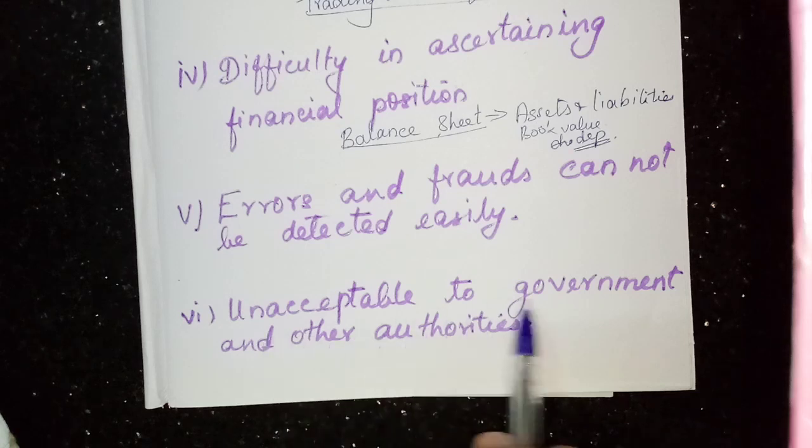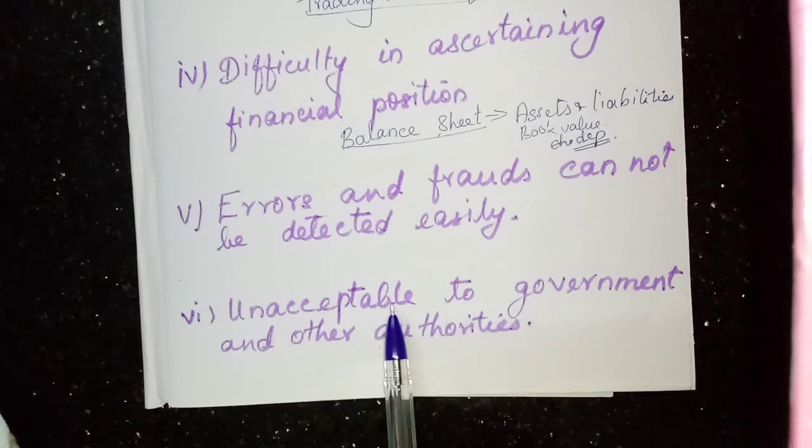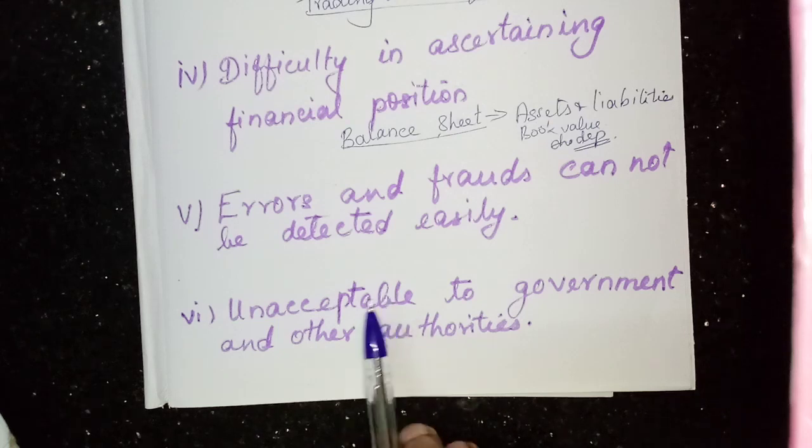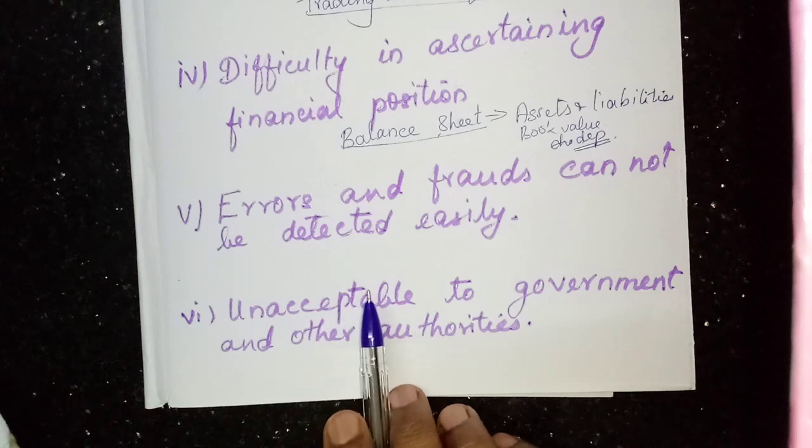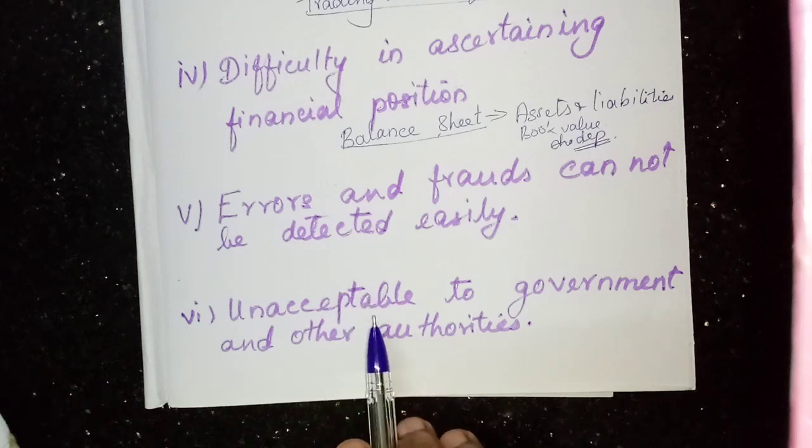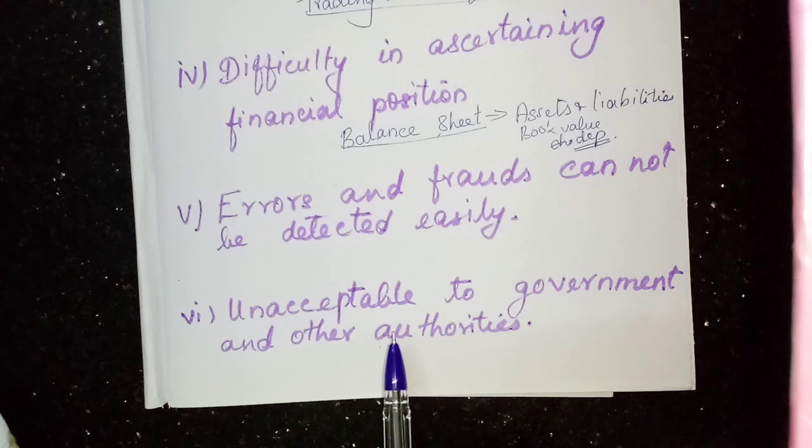Then, unacceptable to government and other authorities. The records maintained by this sole trader organization, that means the incomplete records, if there is a case in the court of law, or the tax authorities or the government, they will never accept these documents as evidence.